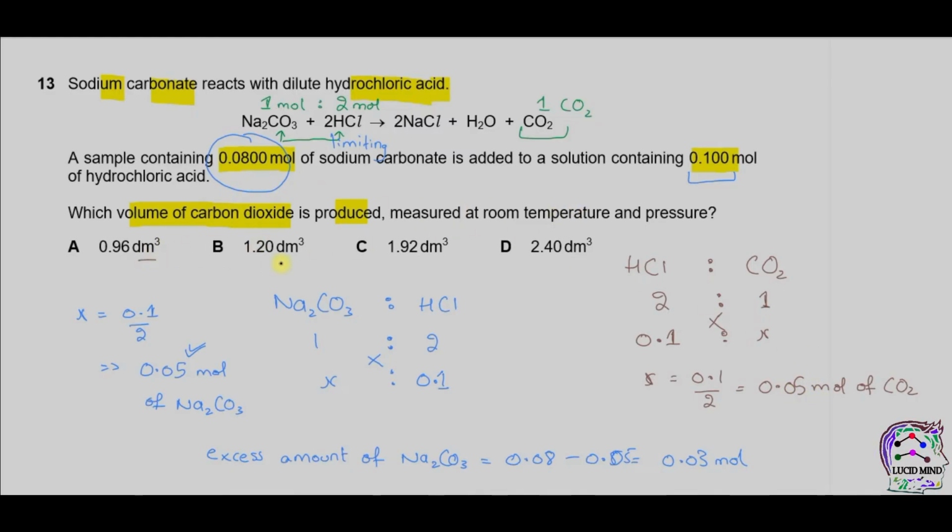As volume is given in decimeter cube, we can use the formula: volume in decimeter cube is equal to number of moles multiplied by 24 decimeter cube. So we have 0.05 moles, so 0.05 into 24 comes equal to 1.2 decimeter cube of CO2. As we can see, among the options, B is the correct answer.